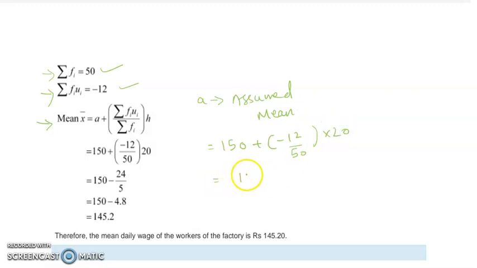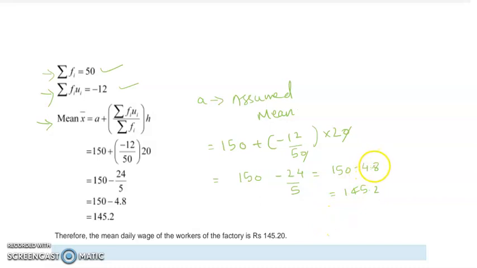So solve this: the 0 and 0 of 20 and 50 cancel, students. So minus 24 divided by 5, which is equal to 150 minus 4.8. Subtract this, and you will get 145.2.